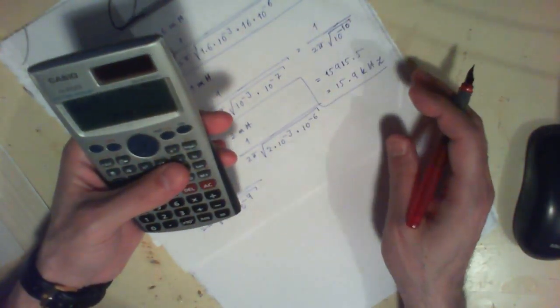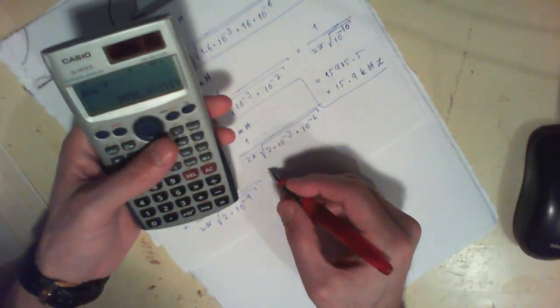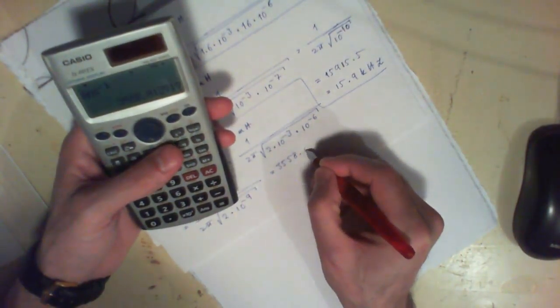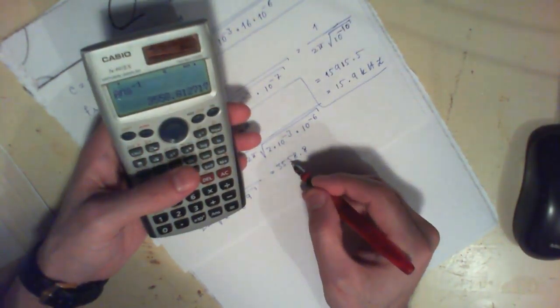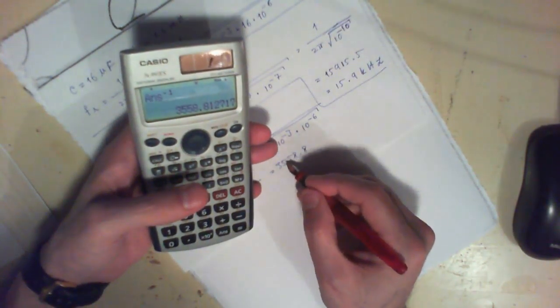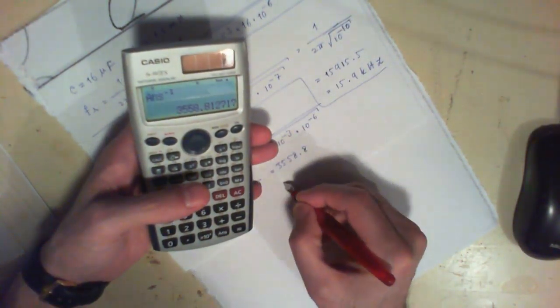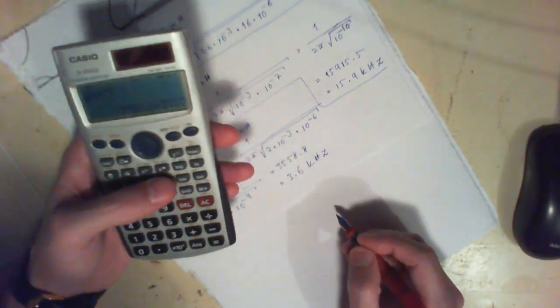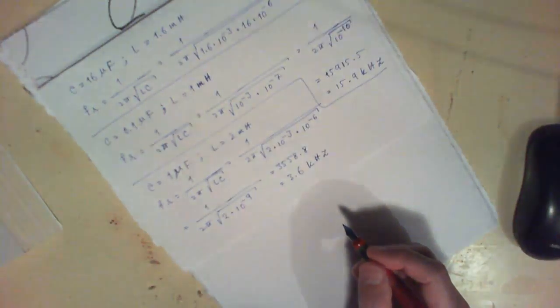Take the reciprocal of that, and that's 3558.8, which is the same thing as 3.6 kilohertz or so. Okay, so that's basically how you do resonant frequency.